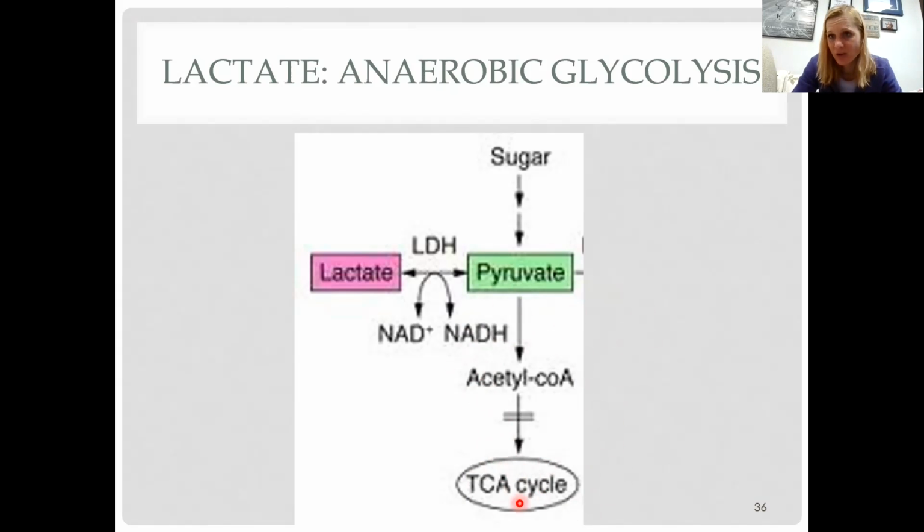If oxygen is available and if I don't need energy at a super quick rate, I will choose the aerobic pathway. Pyruvate will be converted into acetyl-CoA, and then it will enter into those aerobic pathways known as the TCA cycle. So I will choose this pathway. The body wants to choose the aerobic pathway.